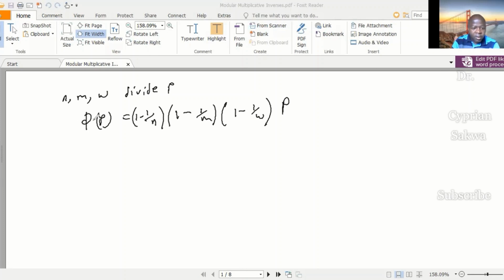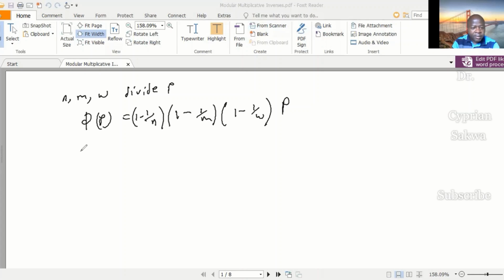And of course, you know that when we talk of the Euler phi of p, we mean the numbers less than p which are relatively prime to p.